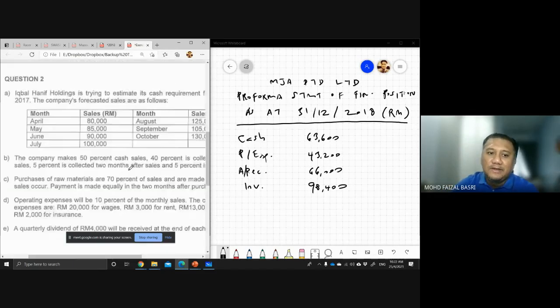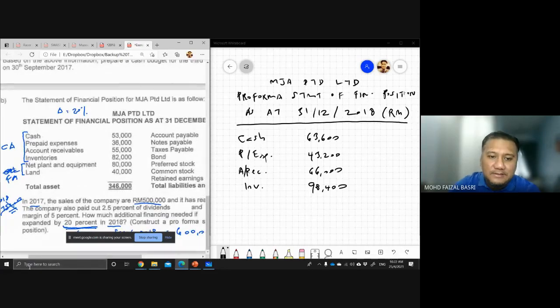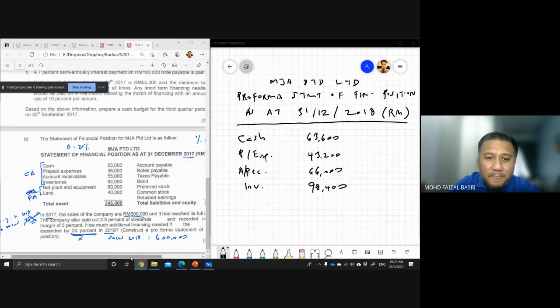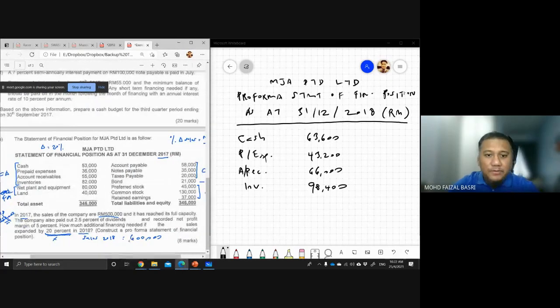What is the syarat? The syarat is you need to find some statement in the question with regards to the capacity. Macam dalam ni dia kata the company has reached its full capacity. Sometimes they use the word maximum capacity.